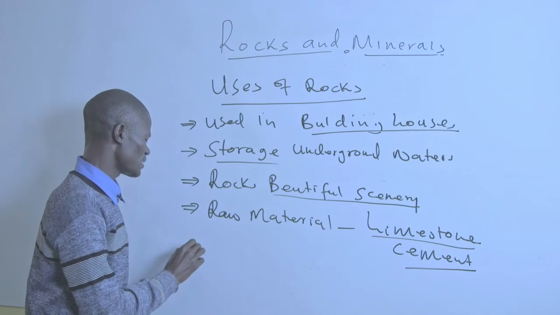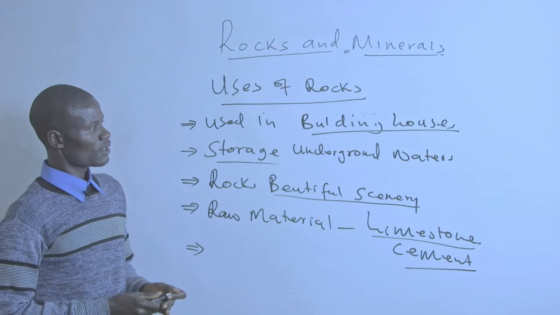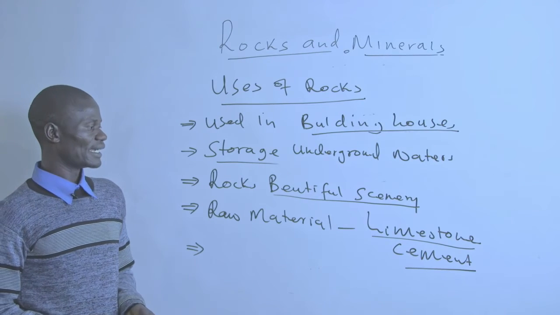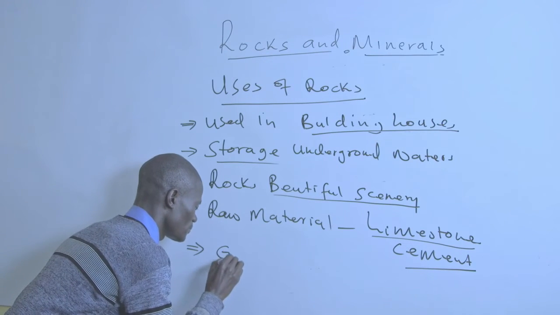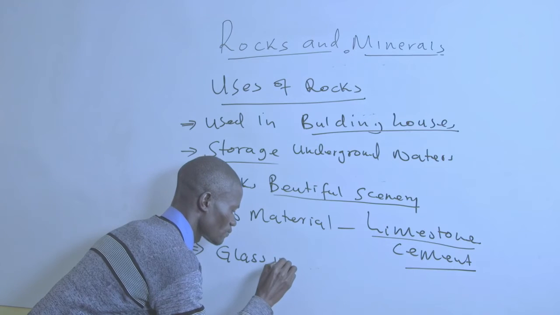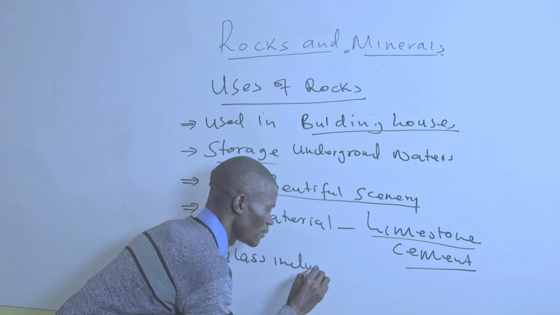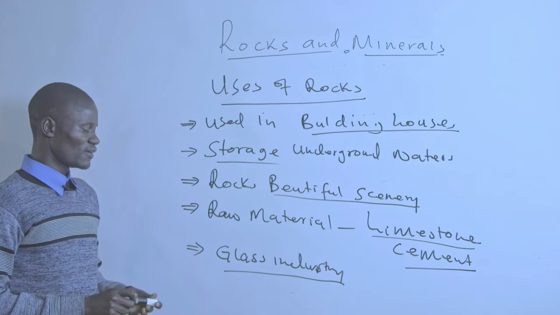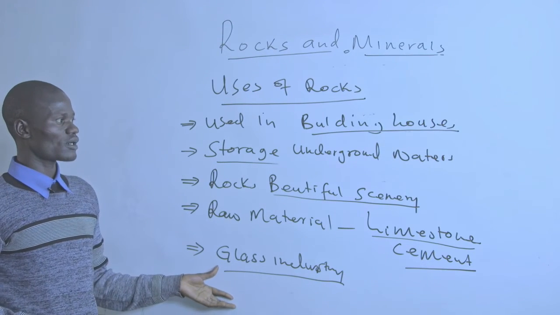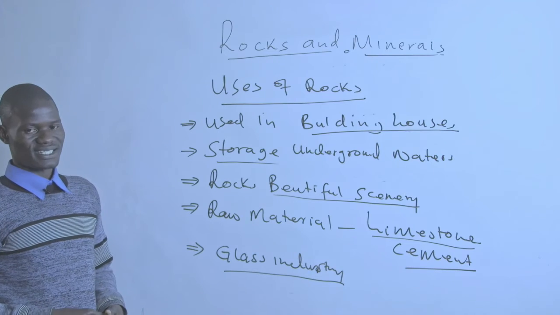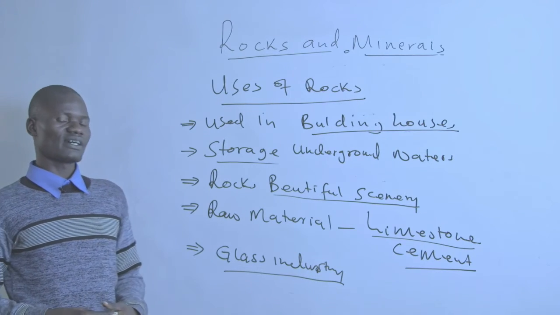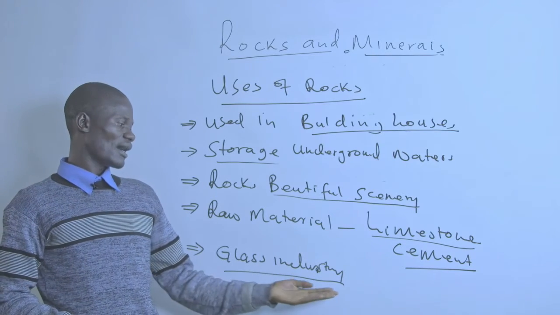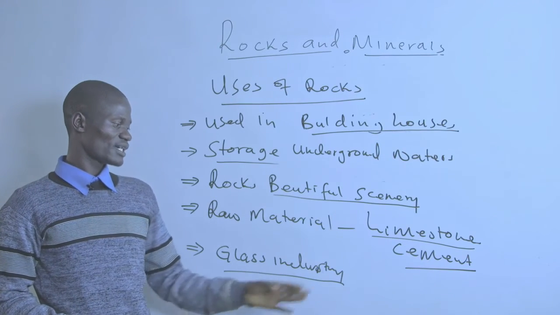We also have, lastly, some rocks which are used in the glass industry. They also provide raw materials that can be used in the glass industry. For example, the glassy rock quartz is used in the manufacture of glass, and most of our vehicles have glass on their screens.